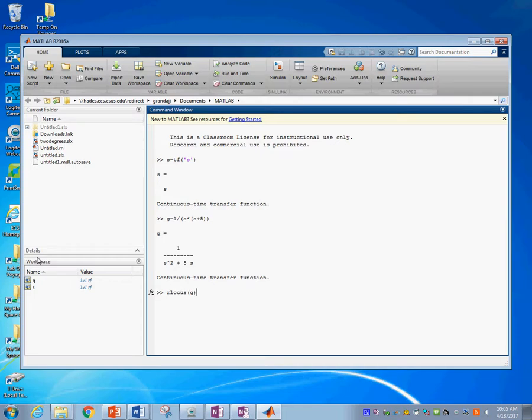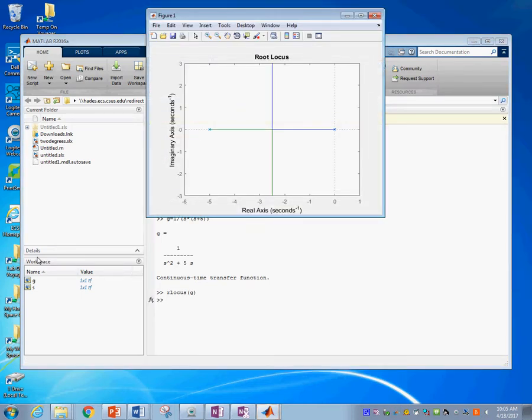G is my transfer function, and the values change as a function of k. So here's what that is saying: you have a root at 0 here, and the other one is at minus 5.